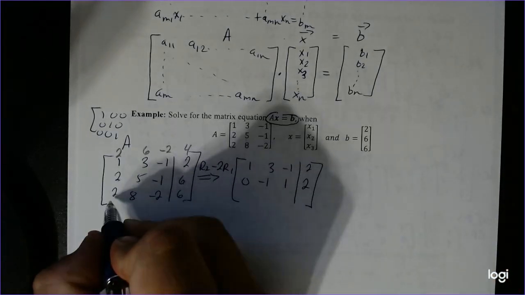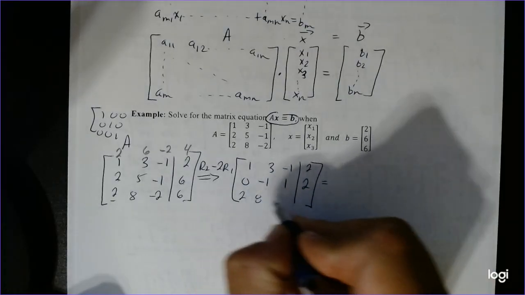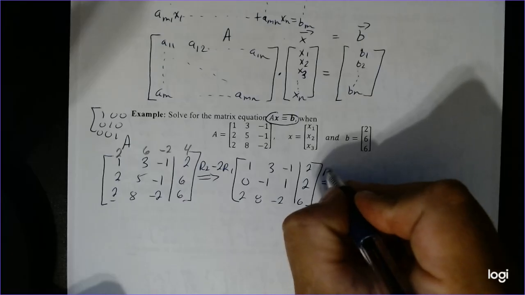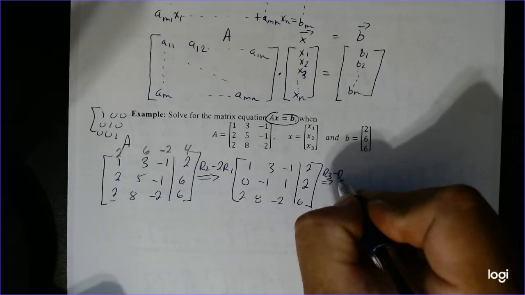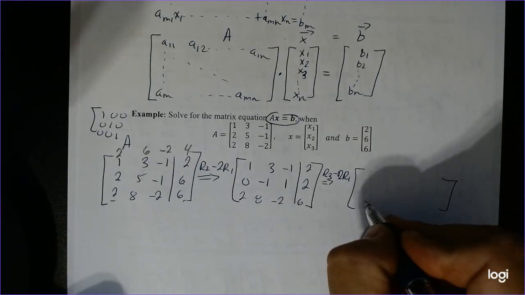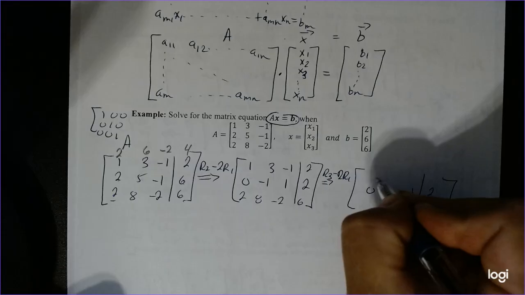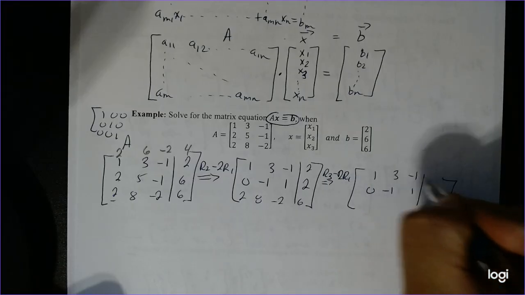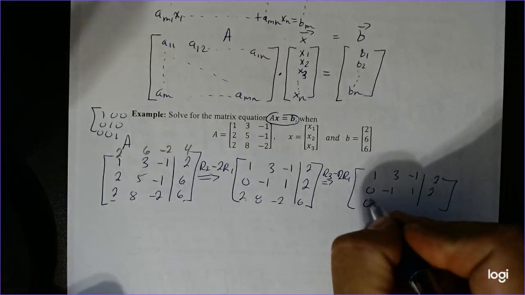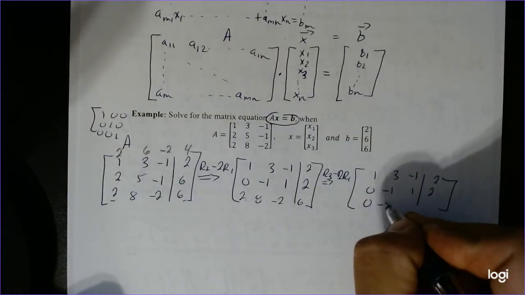I'm going to do the same thing for this 2 down here. So 2 minus 2 is 0. 8 minus 6 is negative 2, yep.